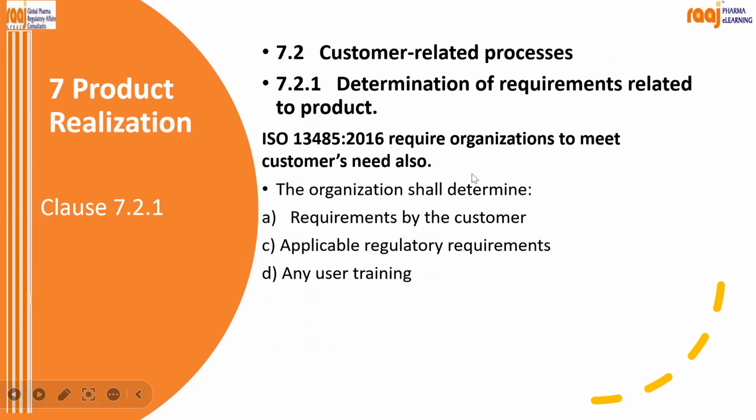You can read now 7.2.1, determination of requirements related to product. ISO 13485:2016 requires the organization to meet customers' needs also. The organization shall determine requirements specified by the customer, applicable regulatory requirements, and any user training.